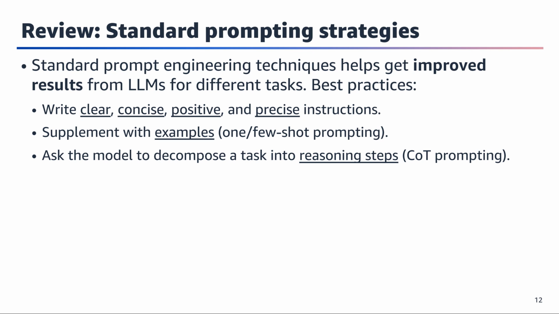Another useful technique is chain of thought prompting, where the model decomposes a complex task into intermediate reasoning steps, breaking down its thought process before generating the final response. The choice of prompting strategy depends on factors like task complexity, availability of examples, and the model's capabilities.